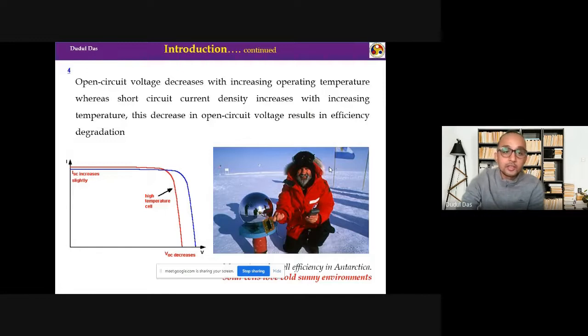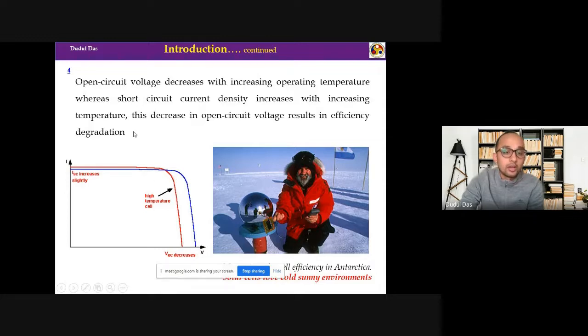So the physics behind the decrease in the power output is because the open circuit voltage decreases significantly with increase in operating temperature. However, the short circuit current increases slightly, but this slight increase is insignificant in comparison to the decrease in VOC.